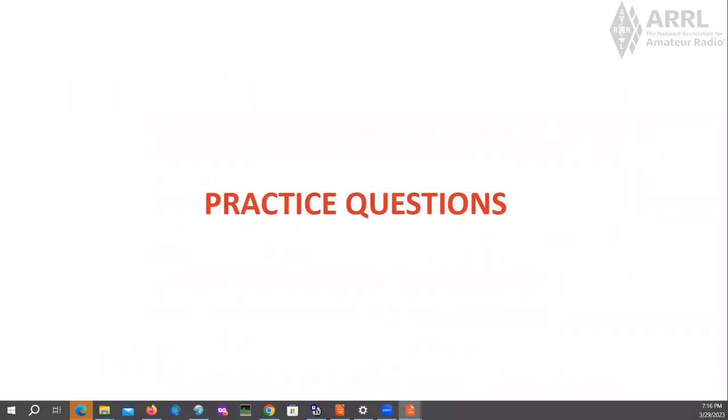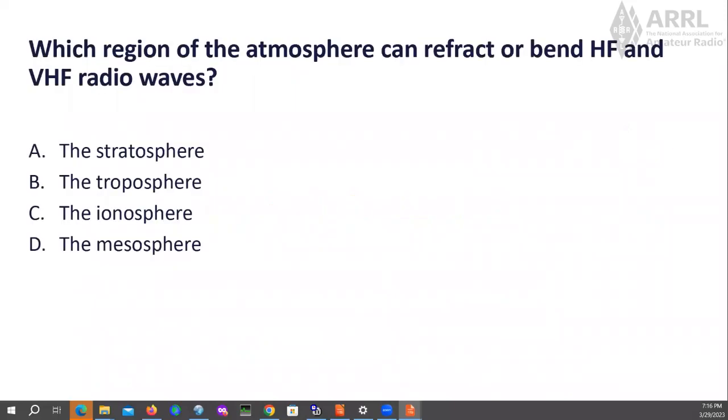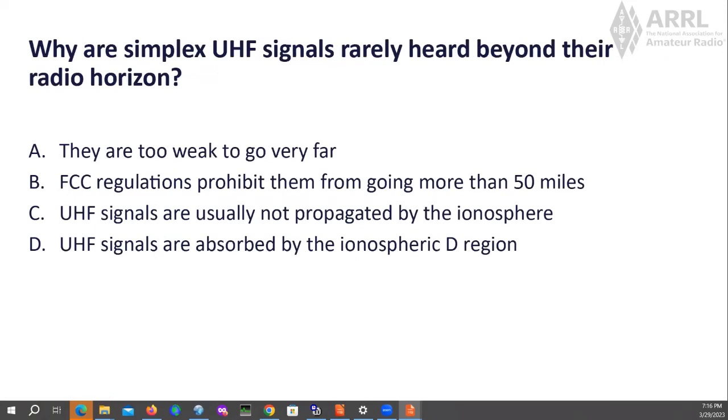Practice questions. Which region of the atmosphere can refract or bend HF and VHF radio waves? And the answer is C, the ionosphere. Why are simple UHF signals rarely heard beyond their radio horizon?